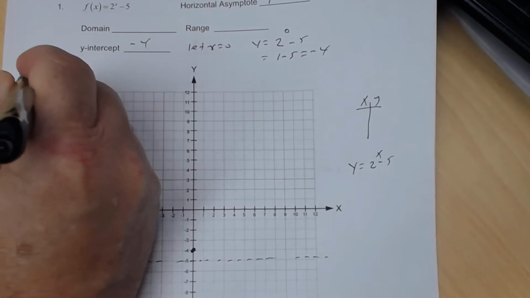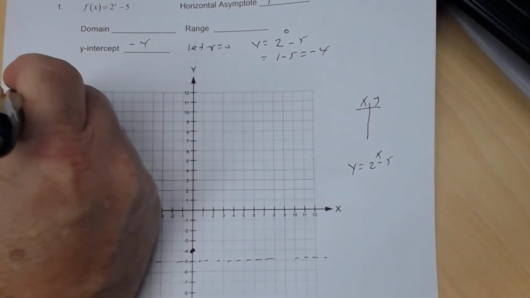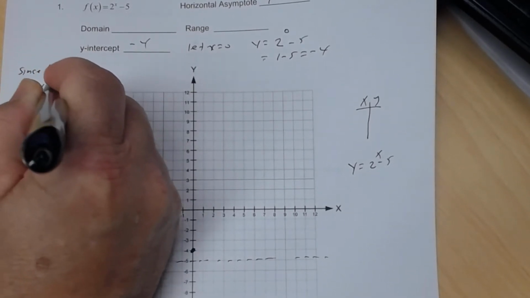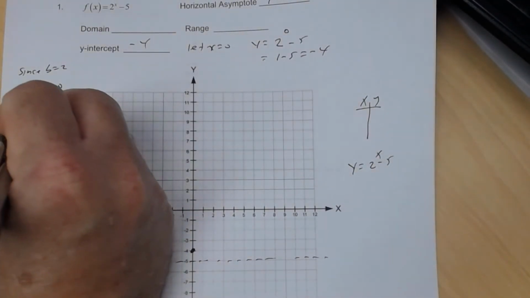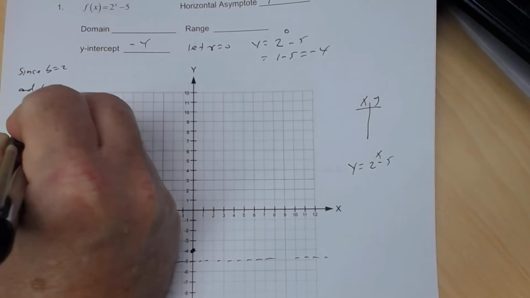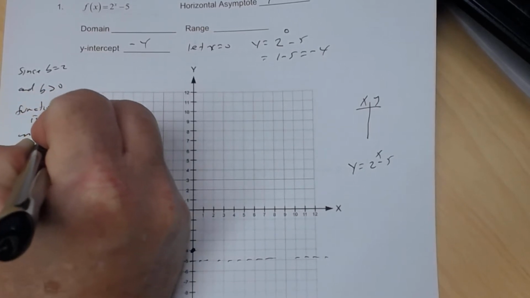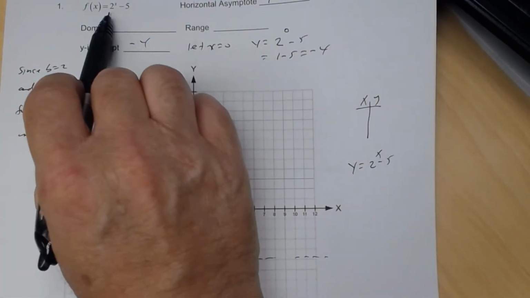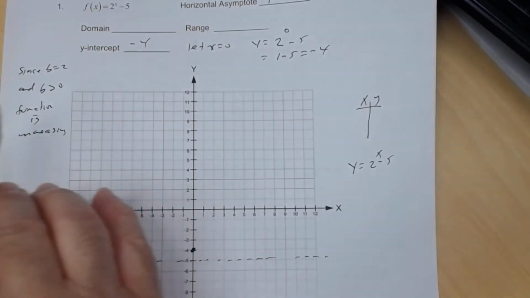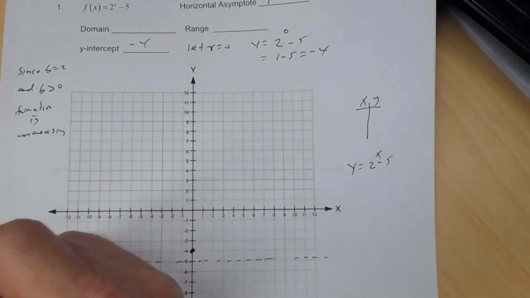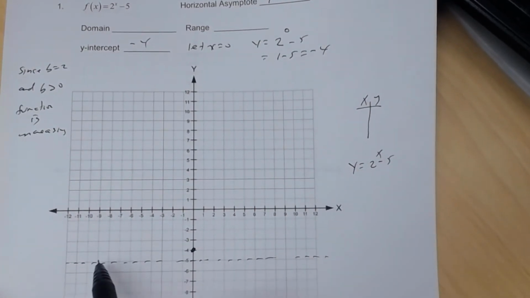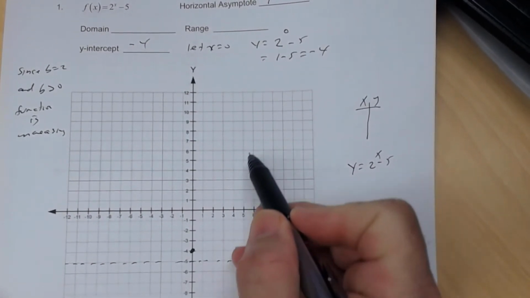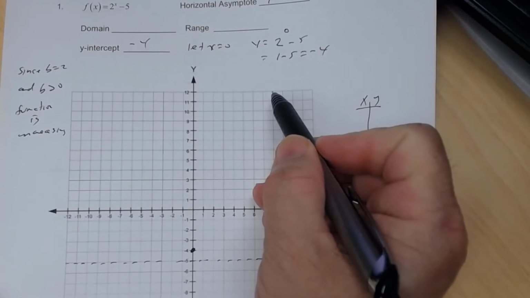Since the base is bigger than 1, remember that means that the function is increasing. If the base was between 0 and 1, then the function would be decreasing. But this is increasing, so that means that it's doing something like this.